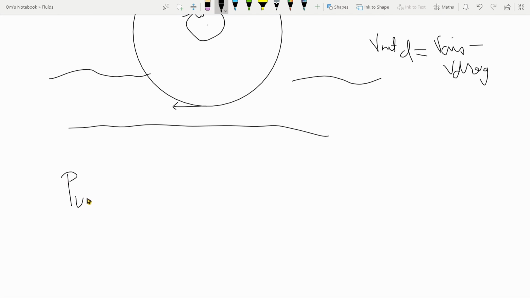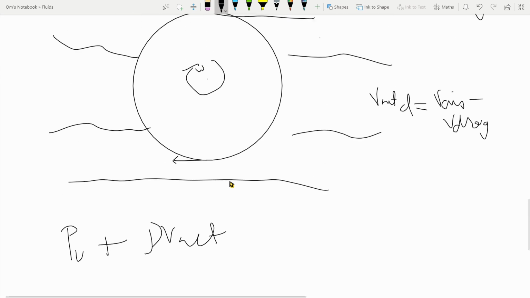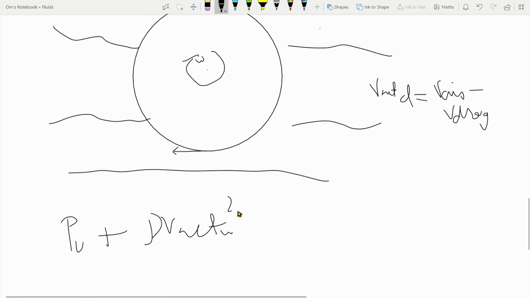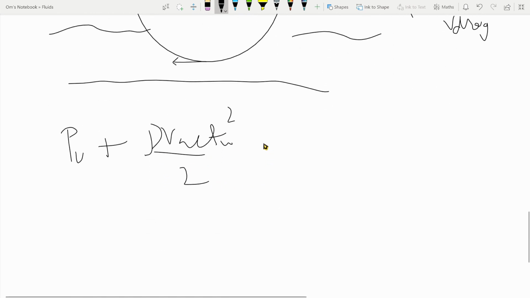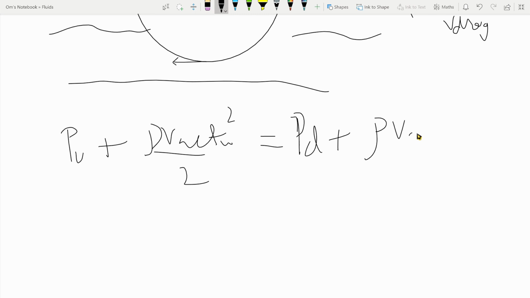P upper plus rho V net U, the whole square by 2, is equal to P down plus rho V net down square by 2.